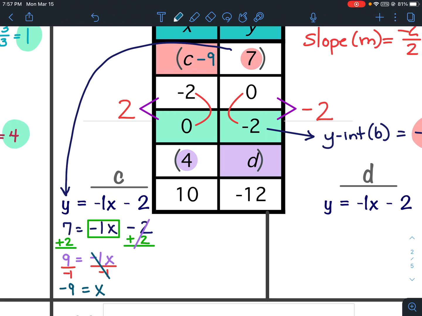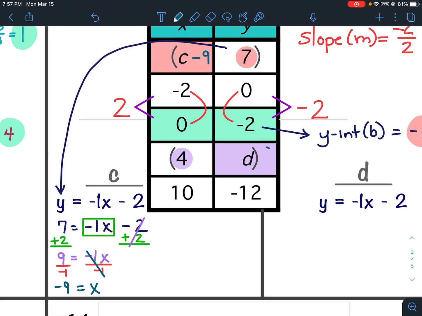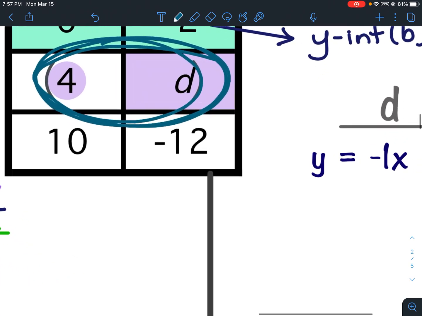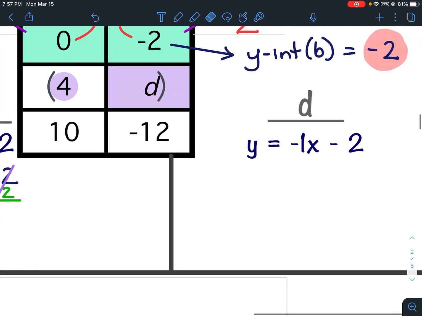Okay. Now for the D. Here's the information I know. D is the y-coordinate. Its corresponding x-coordinate is 4. So I'm going to take that 4. I'm going to plug it in for the x.